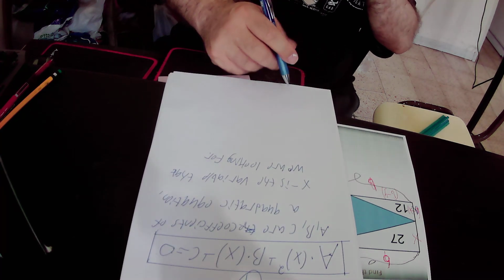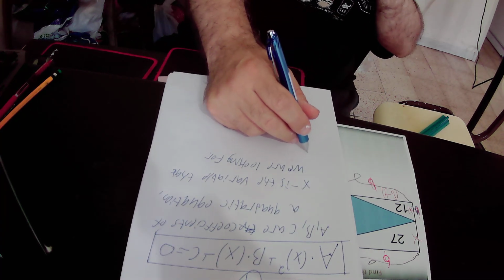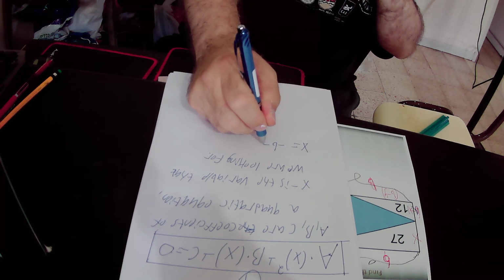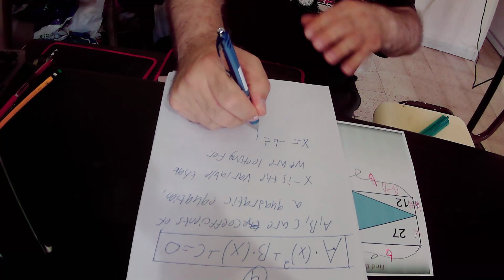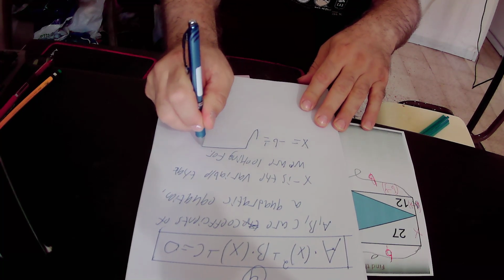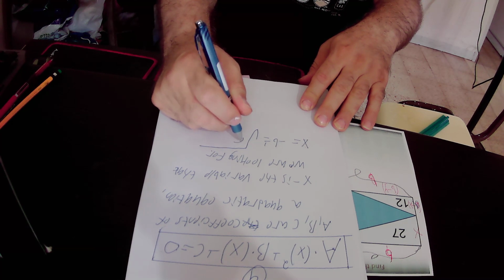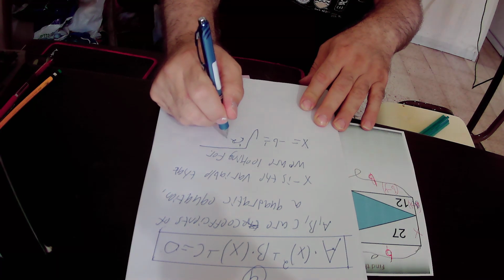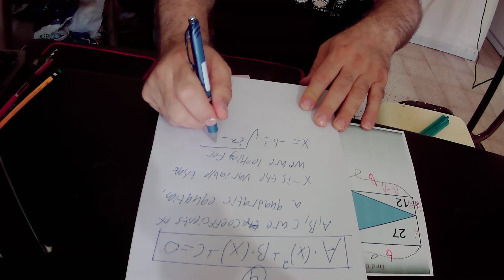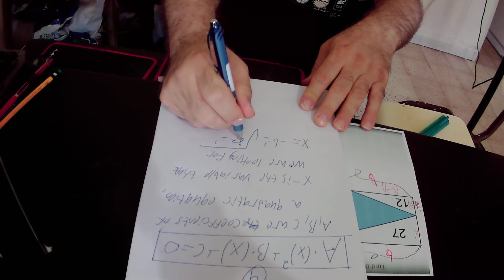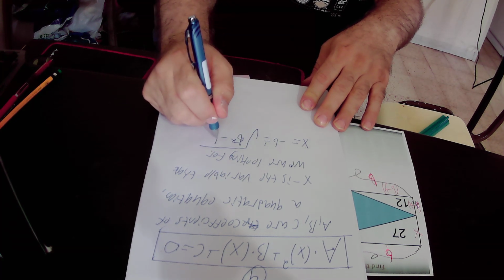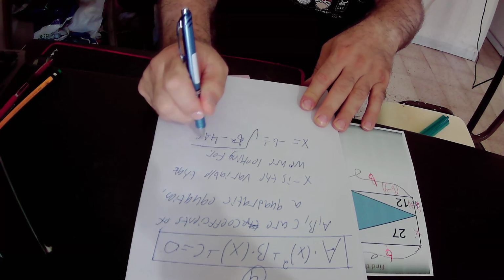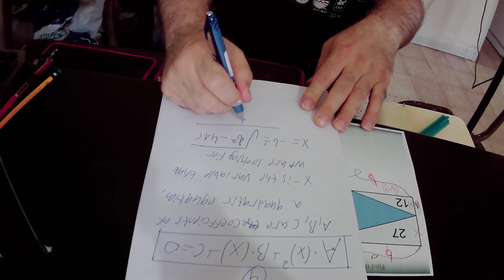Okay, so the special formula for x is x equals minus b plus minus the root of b squared minus 4 times a times c, divided by 2 times a.